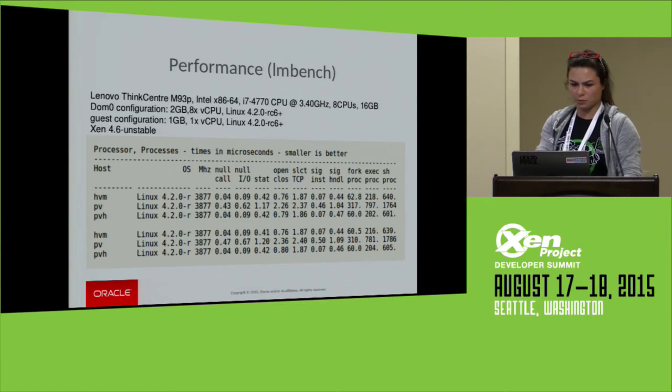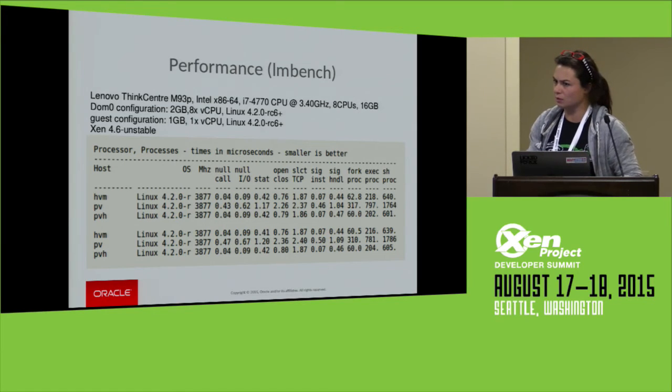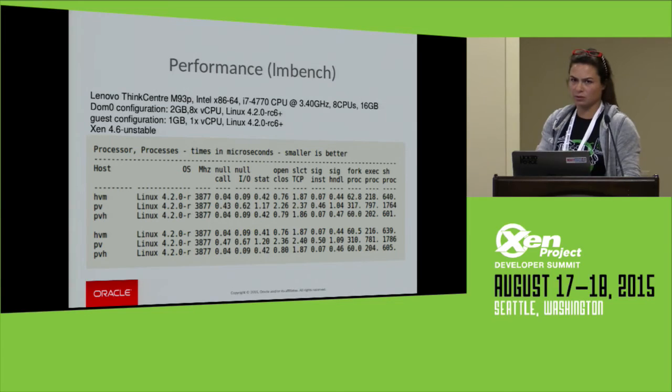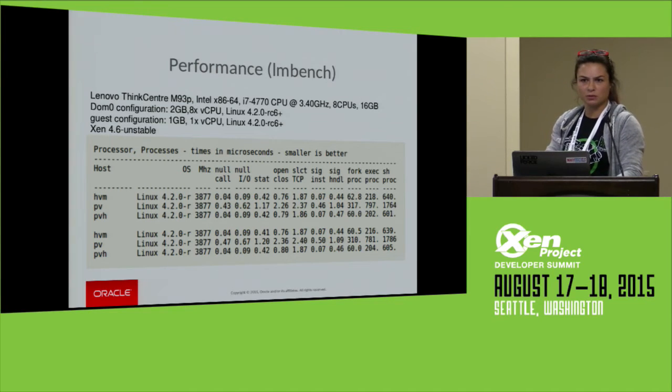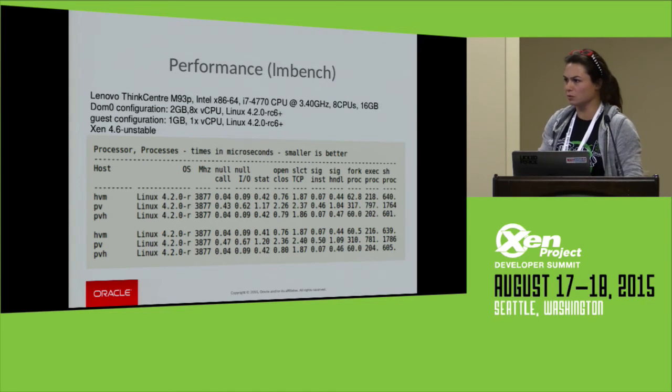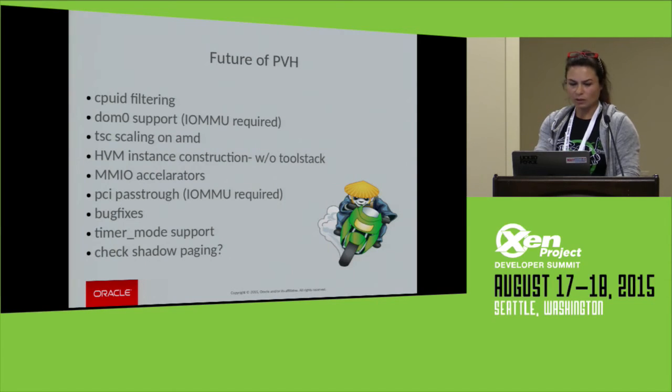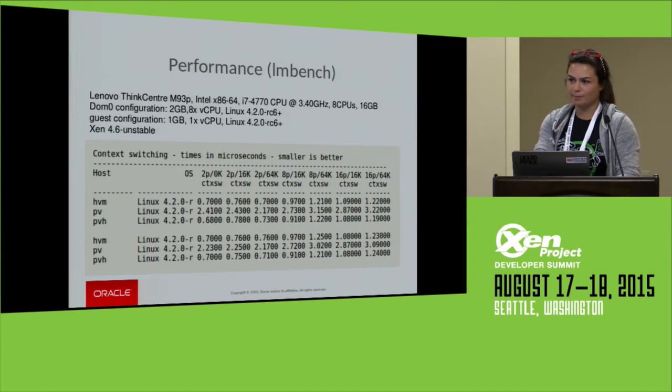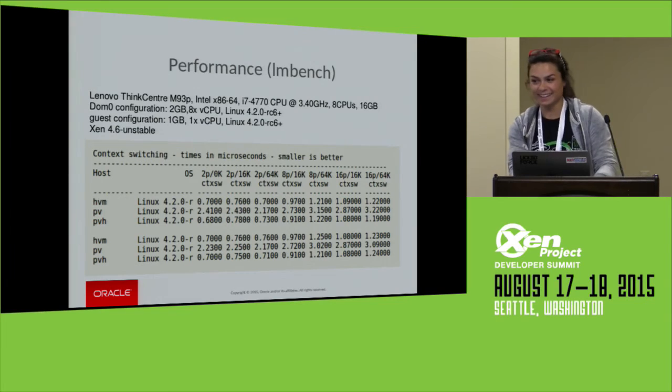So there will be some work done to analyze why it happens, because on some of the benchmarks, HVM demonstrates a faster response than PVH, which is not fully understood yet, but there probably will be time for this. Intel makes really good CPUs.